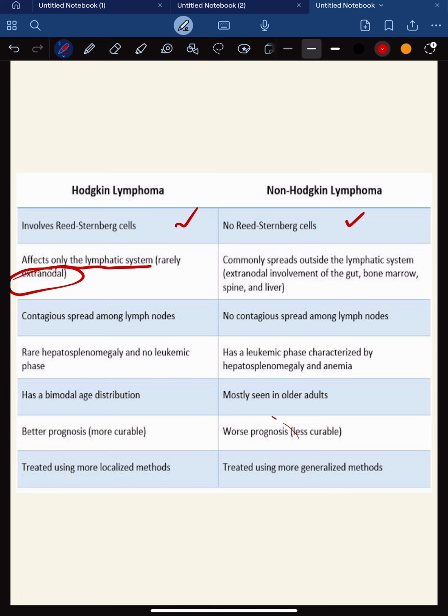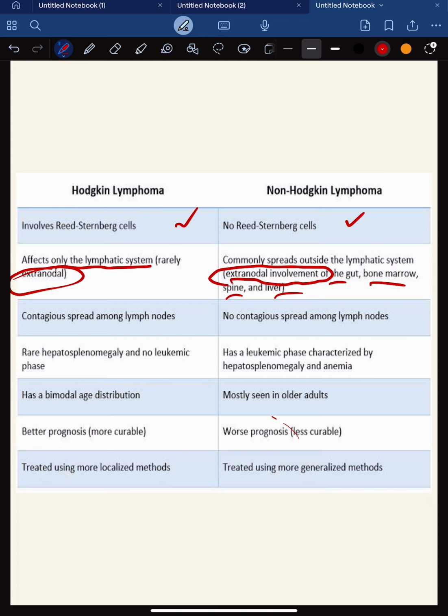In case of non-Hodgkin lymphoma, you'll think that there will be extranodal involvement, like gut, bone marrow, spine, liver, and spleen. So if you find that the patient has splenomegaly or hepatomegaly, you can think that the patient might have non-Hodgkin lymphoma. It's a less common chance that the patient has Hodgkin lymphoma.